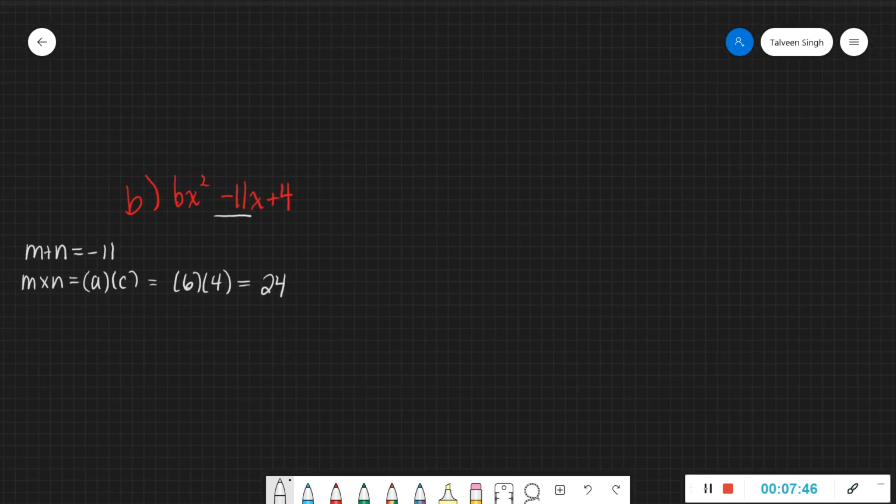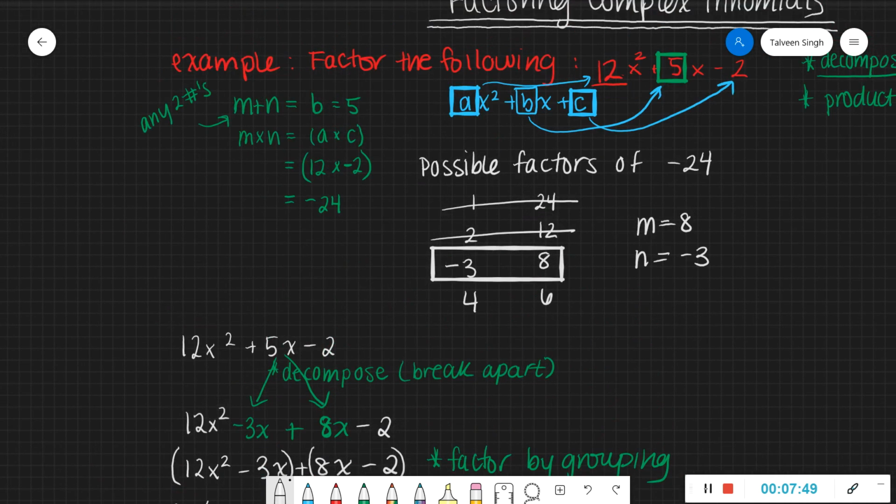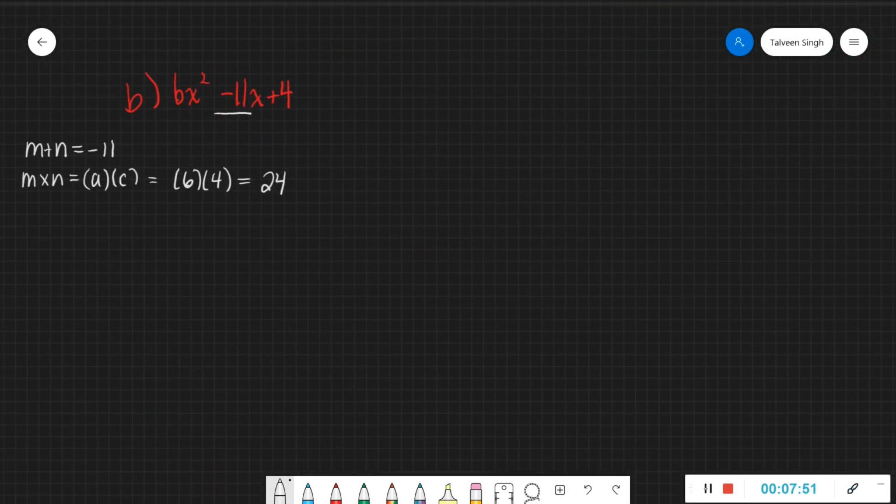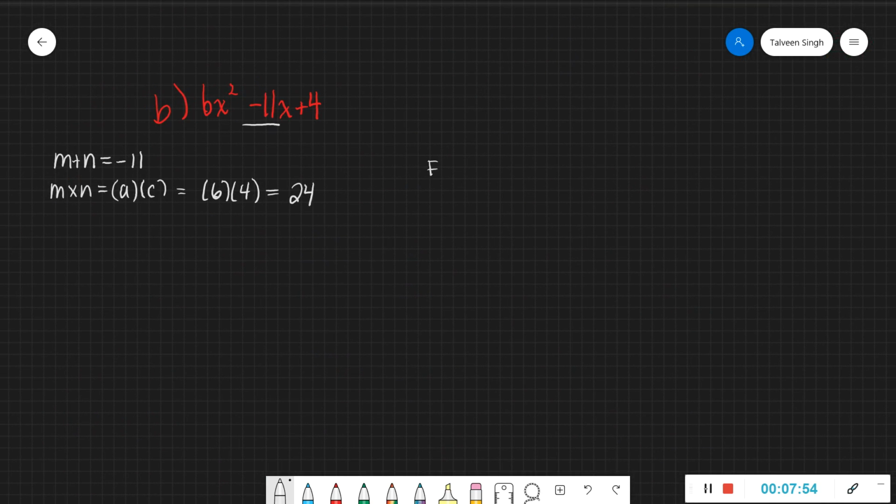So we've already found the factors of 24. I'm just going to take them from here and copy them because I'll write them out again. Right, so our factors of 24 are going to be 1, 24, 2, and 12, 3 and 8, 4 and 6, right? 1 plus 24 won't give me a -11.